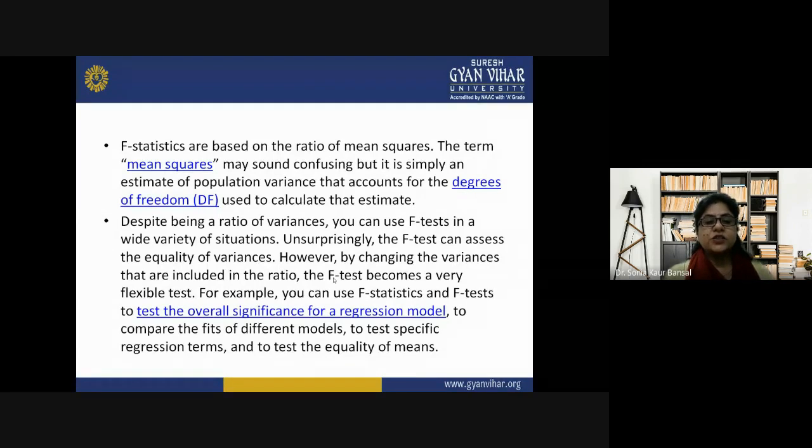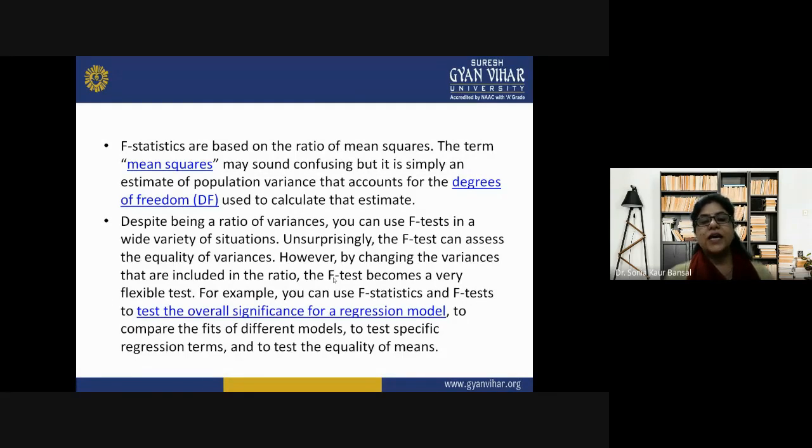Despite being a ratio of variances, you can use the F-test in a wide variety of situations. There can be many situations when you are investigating a project or doing research.